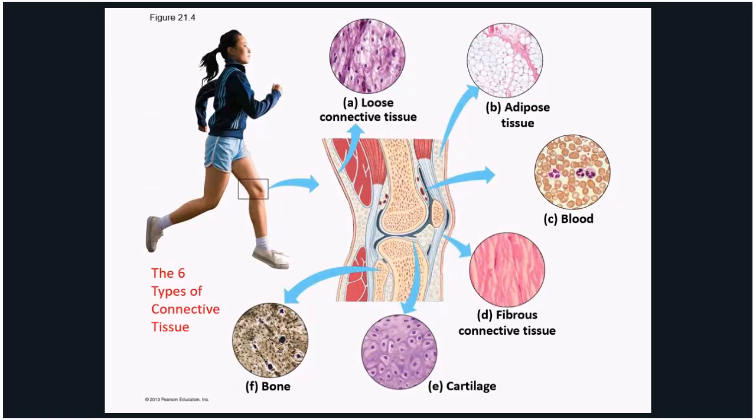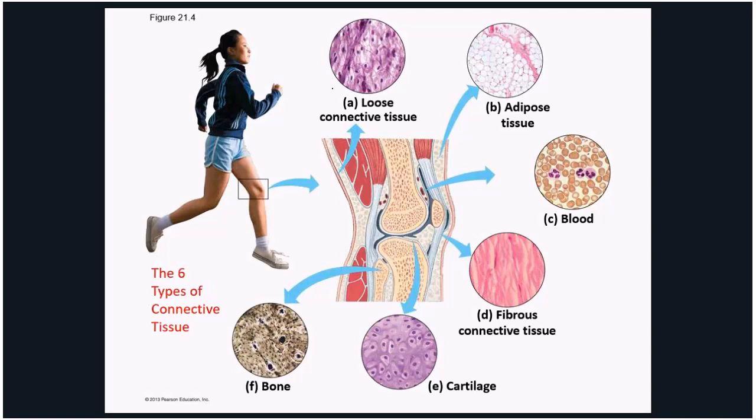It's the one that binds epithelial to other kinds of tissues. For example, this diagram shows the skin being bound to the layer beneath it, and that's where loose connective tissue comes into play. It's actually the most common or widespread connective tissue in your whole body as a human. So that's the loose connective tissue.